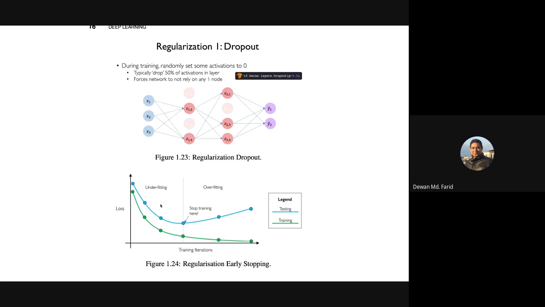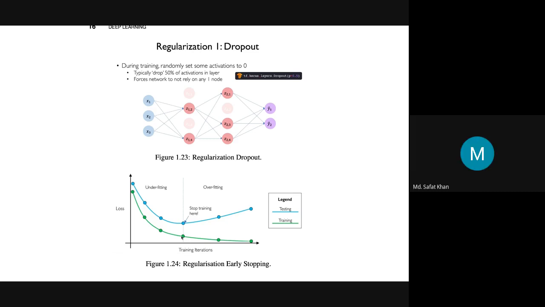But at a certain level it stops. We have the minimum loss for the test data, but then the loss starts increasing instead of decreasing. So we'll stop the training of the neural network here. Is it clear?